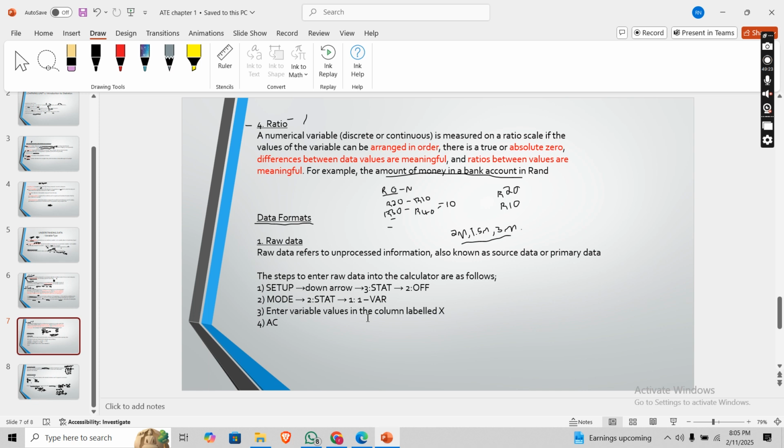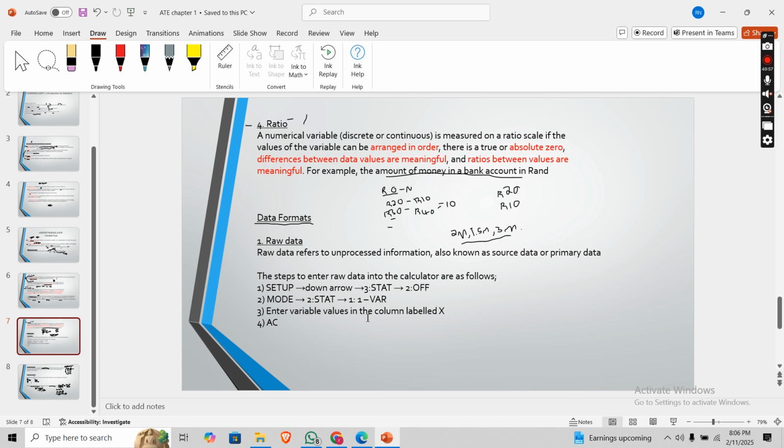So now to bring your calculator back to normal, you need to find a button which has CLR written on top. On my calculator, CLR is number 9, so you need to press the shift button, and immediately after letting go of the shift button, you press the CLR button, and then you press number 3.